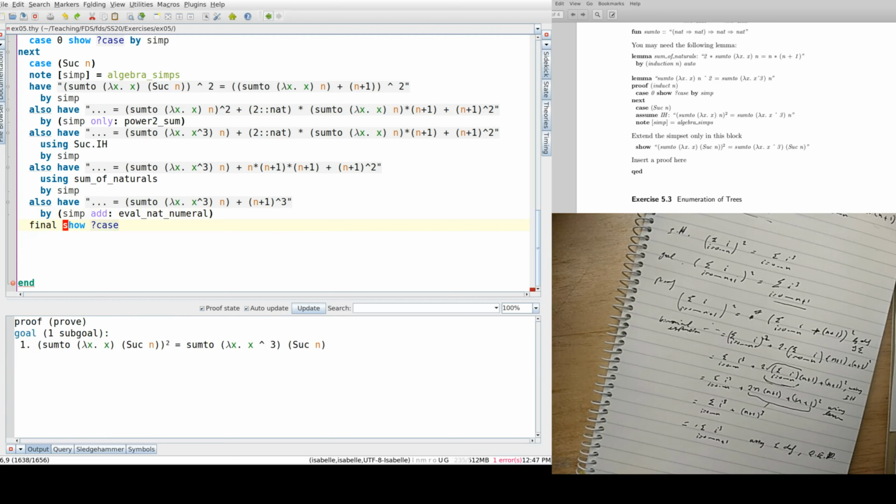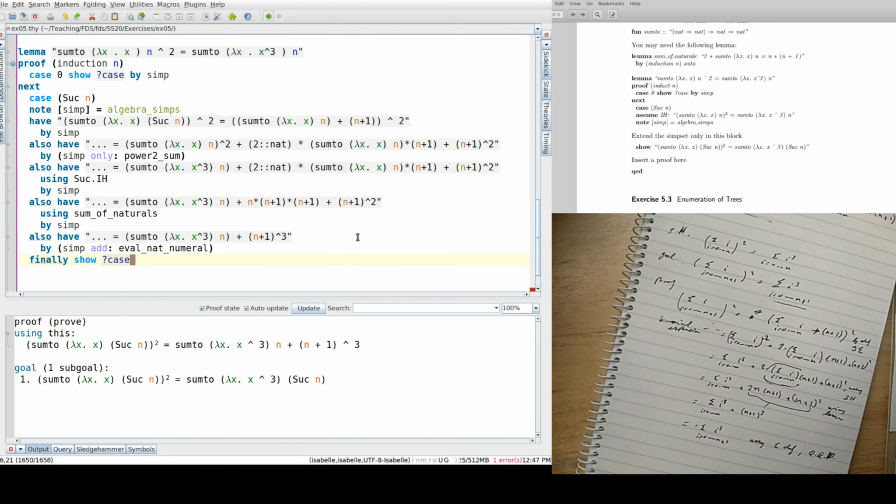So finally, show this case. So I think that's precisely what we want to show. No, we still have one more step. It can be just done here by simp, or we can also do it as a separate step there, and then say that this is just plus 1.